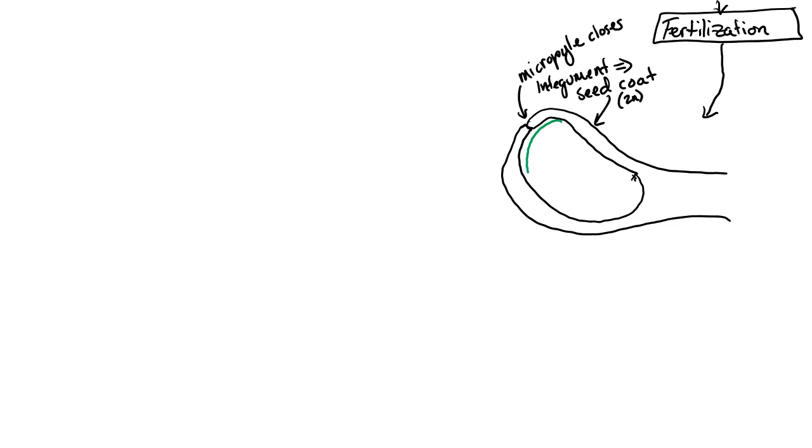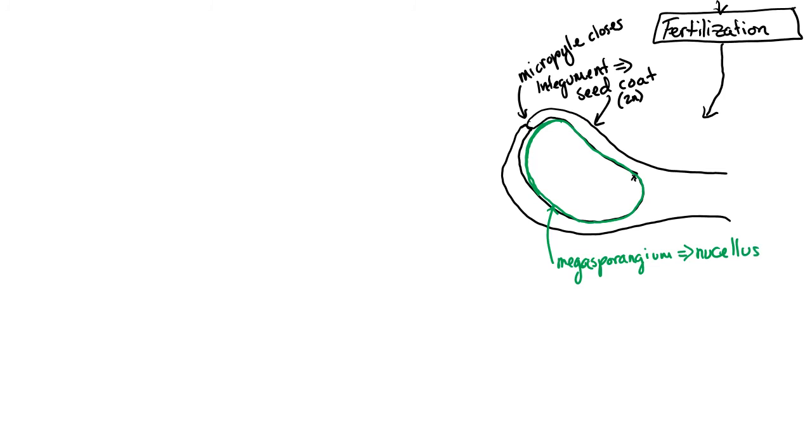We still have this layer of megasporangium. So that megasporangium never went away. It's still enclosing what used to be the megagametophyte, and the megagametophyte is still there, I should say. So the megasporangium is now going to be called the nucellus.